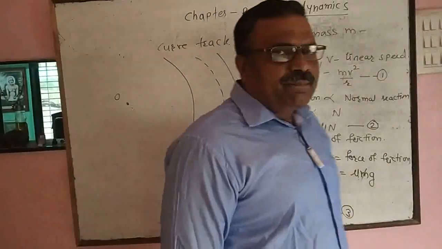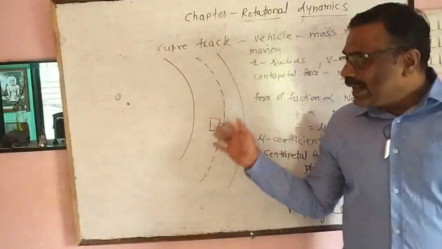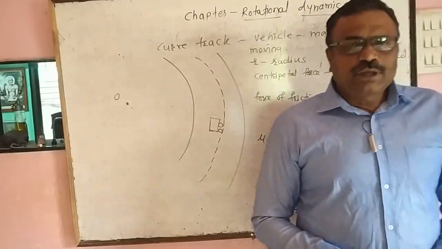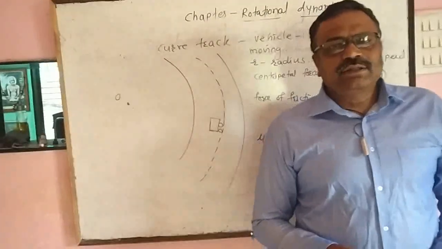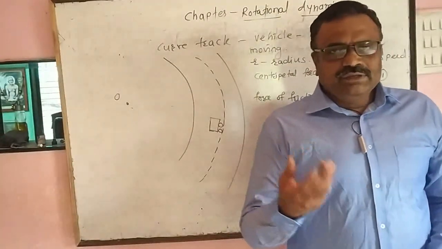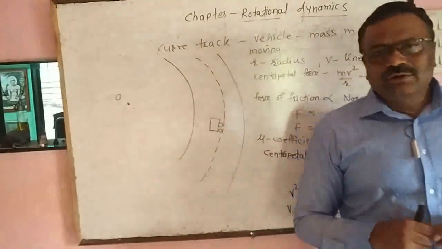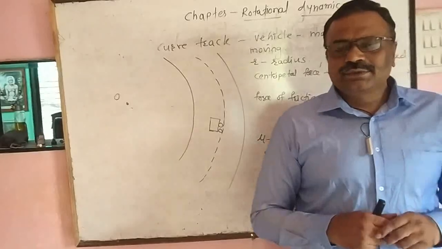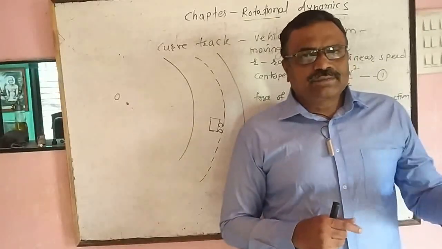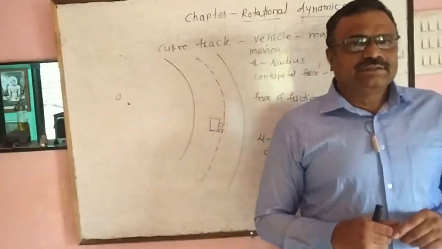But this force of friction is not a reliable quantity, because the value of force of friction decreases. Suppose oil from the engine is sprayed on the road surface, it becomes smooth. Or in the rainy season, when the road surface becomes wet, the force of friction decreases.